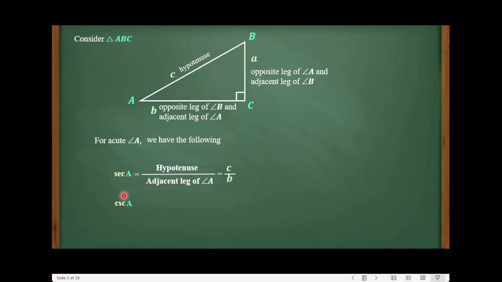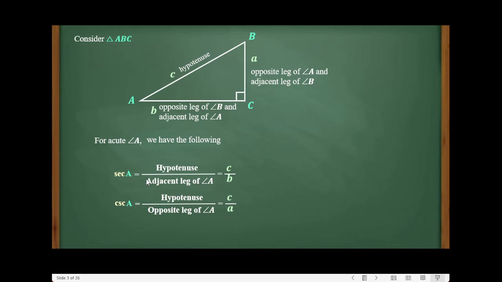So again, this trigonometric ratio right here is properly read as cosecant of A. And this is defined as the ratio of the hypotenuse to the opposite leg of angle A. So in symbol, by referring to the figure, hypotenuse is represented as usual by small letter c, while the leg opposite of angle A is represented by symbol small letter a. So cosecant A is equal to c over a.